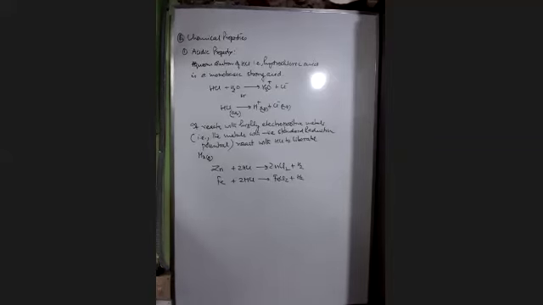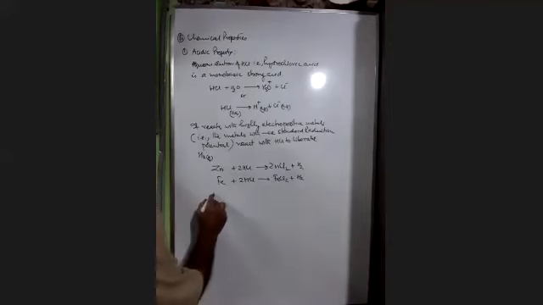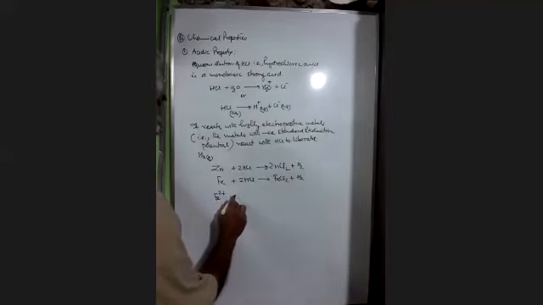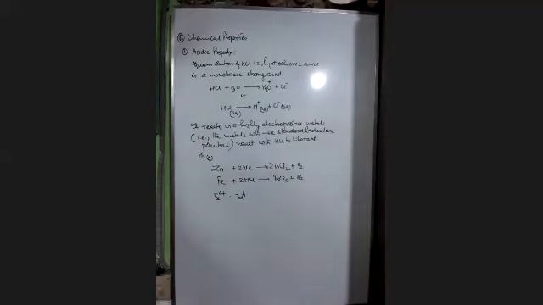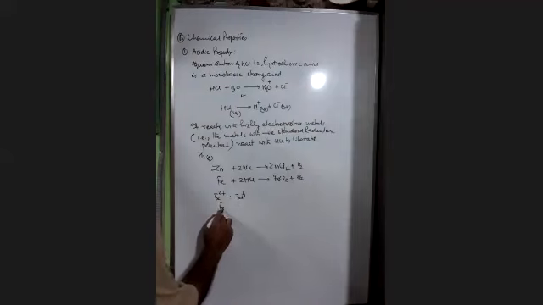Done, sir. Okay, now see here. We know iron has two oxidation states, Fe2 plus and Fe3 plus. So Fe2 plus, don't write. Fe2 plus is 3d6 and Fe3 plus is 3d5.